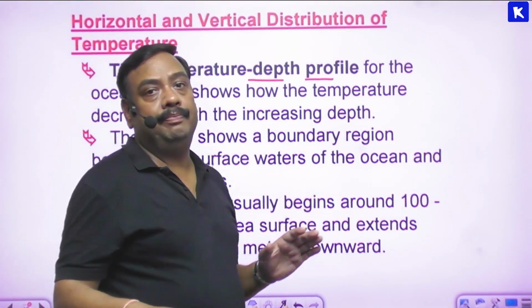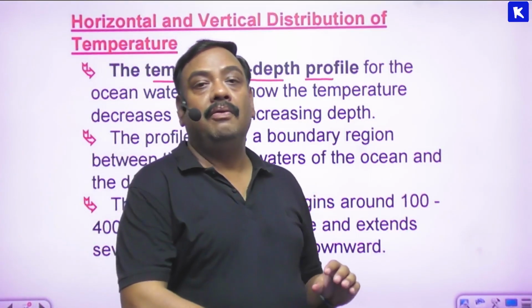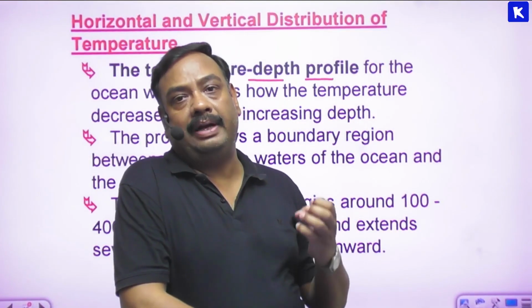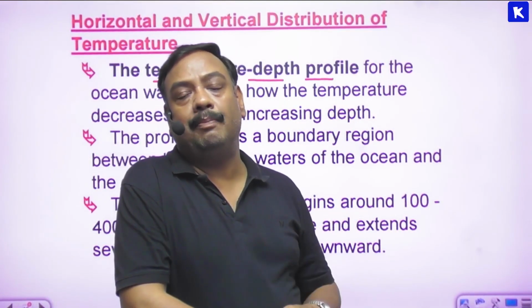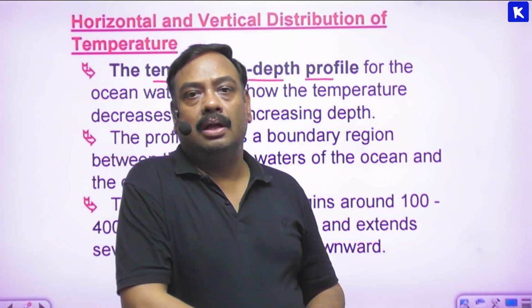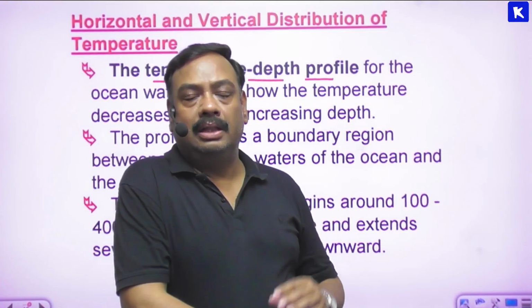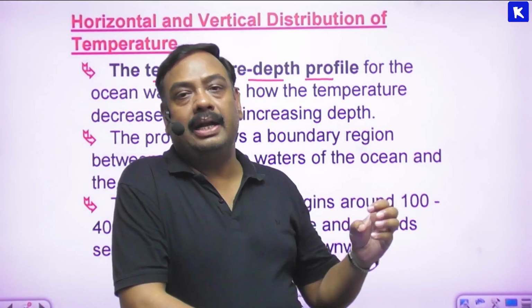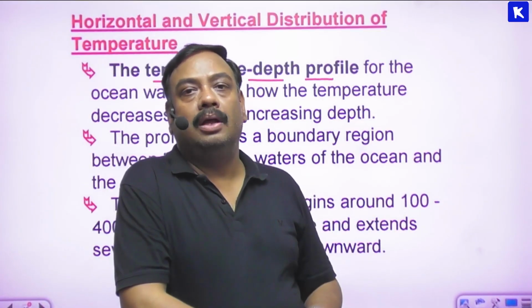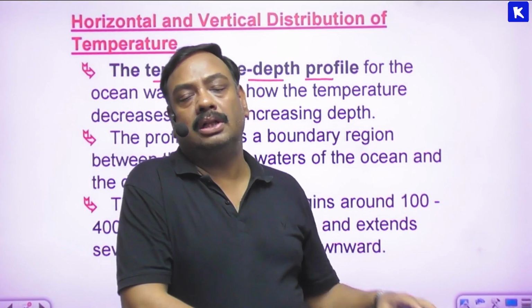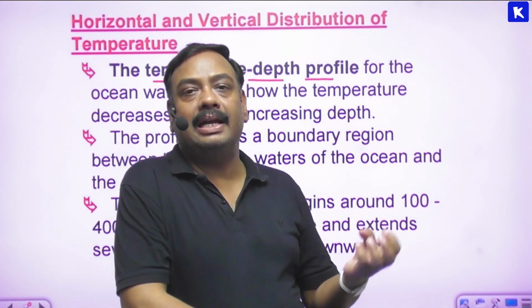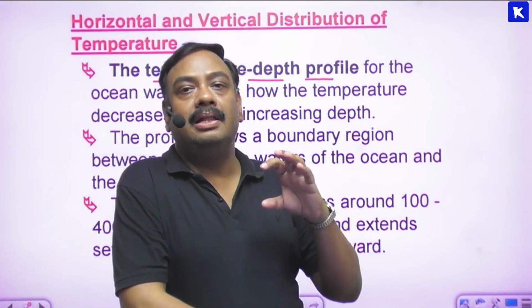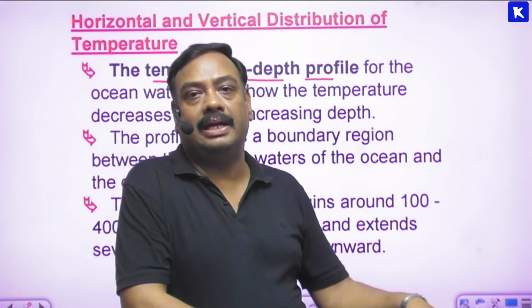What does it mean? When we talk about the source of temperature of the ocean water, the basic source is the sun. Solar radiation, when it falls on the surface of the ocean water, gets converted into heat energy, and by that heat energy the temperature of the sea water is decided.